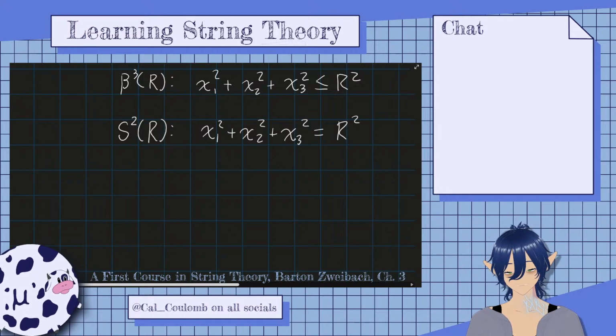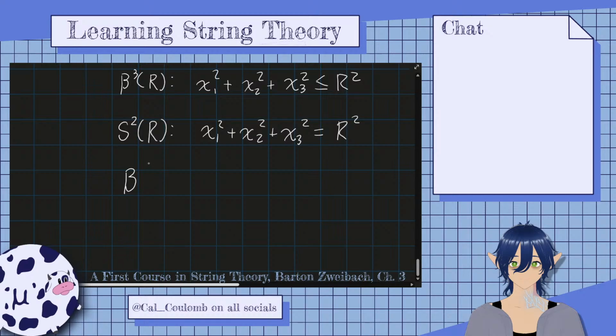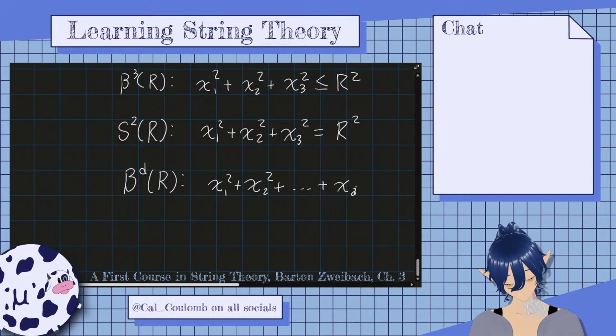In arbitrary dimensions, we define balls and spheres as subspaces of RD. So BD of r is x1 squared plus x2 squared plus ... all the way until xd squared is less than or equal to r squared.